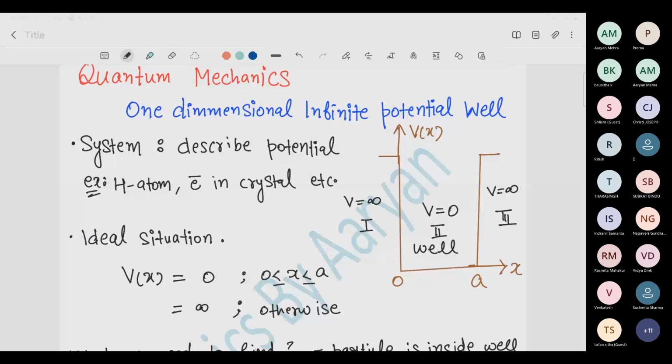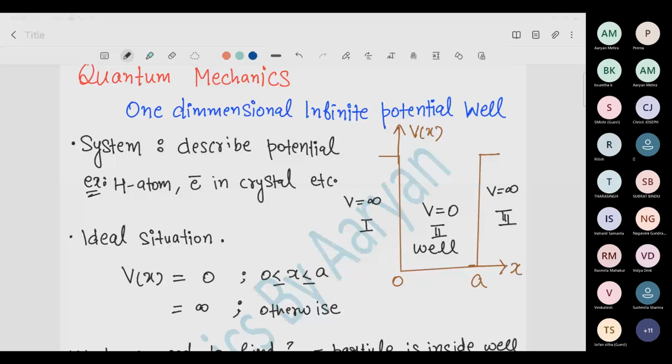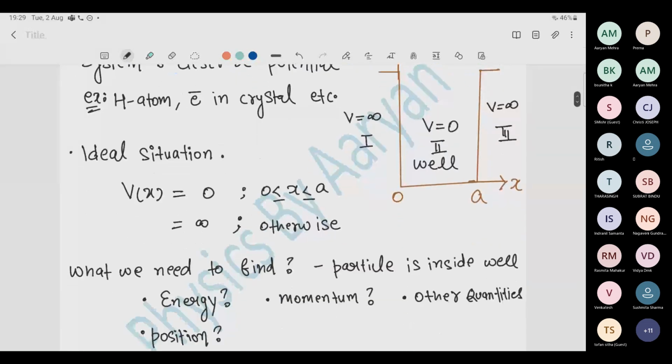So what we started with is, we described one problem, which is called the one-dimensional infinite potential well, and we tried to understand entire quantum mechanics. We said that this is a very ideal situation which can actually be modeled to explain many quantum systems like crystals and so on.